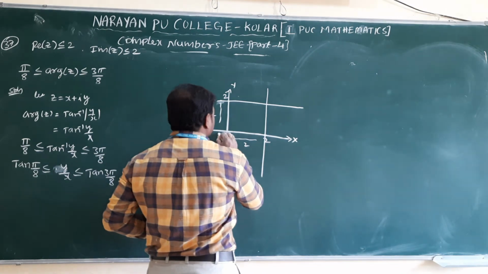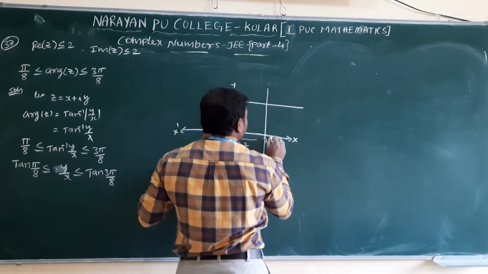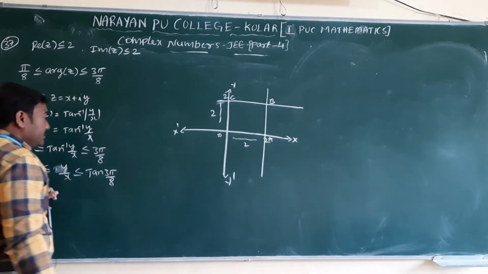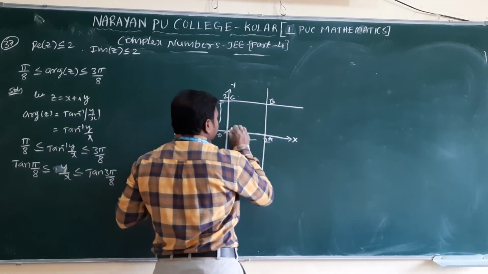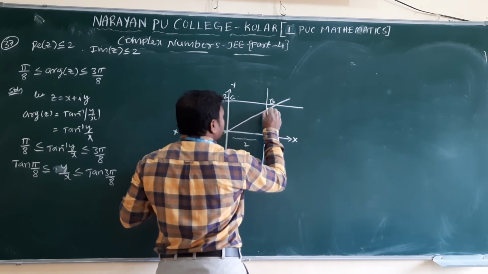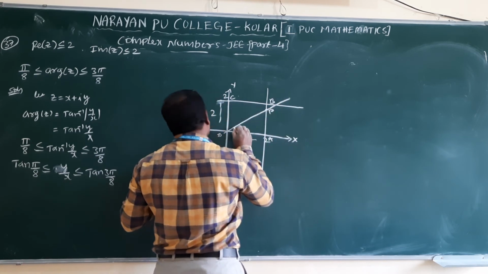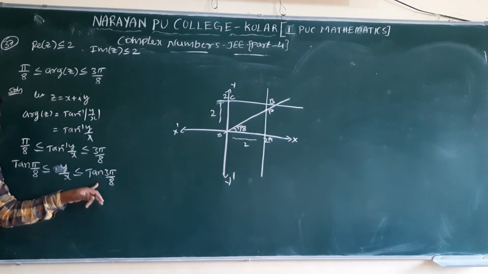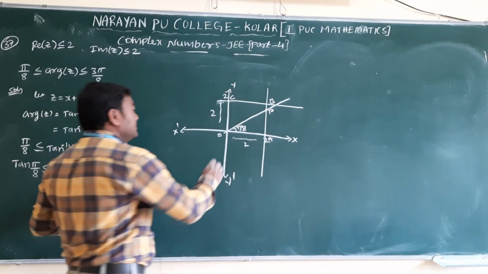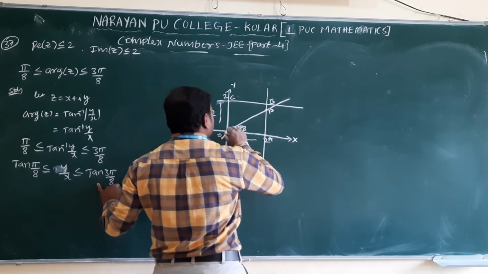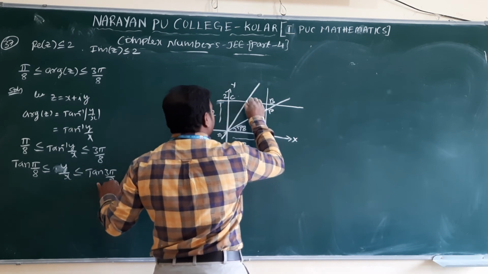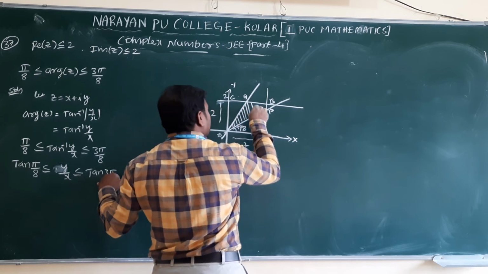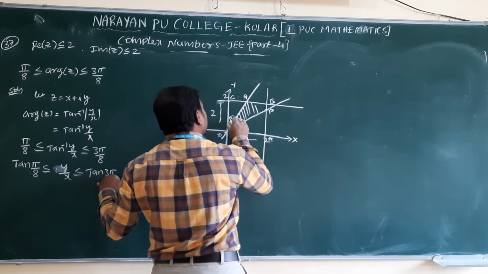So it is the origin, the points A, B, C. The point P makes an angle of pi by 8, and another one is less than or equal to 3 pi by 8, taken as Q. So we have to find this region, triangle also pi by 8.